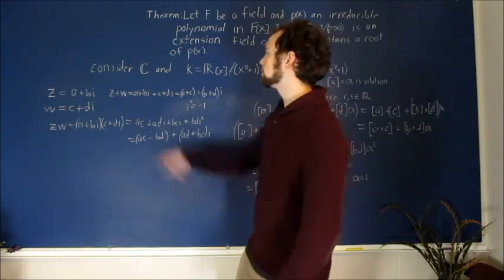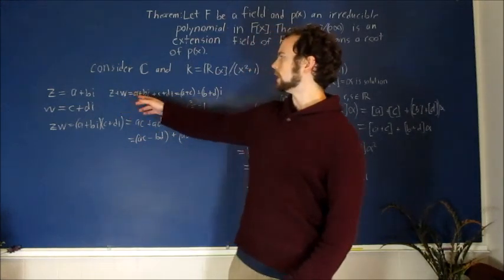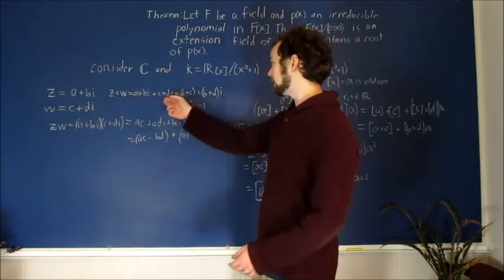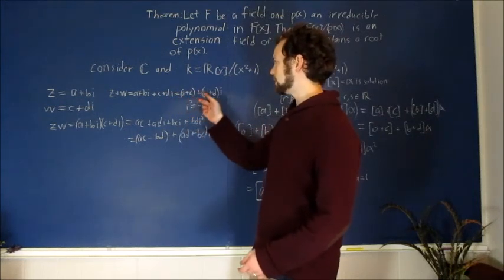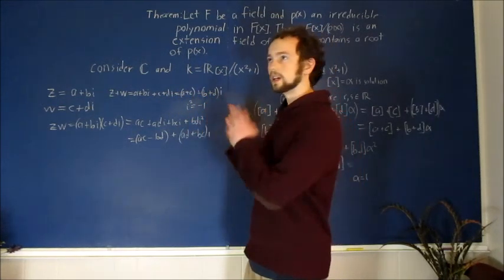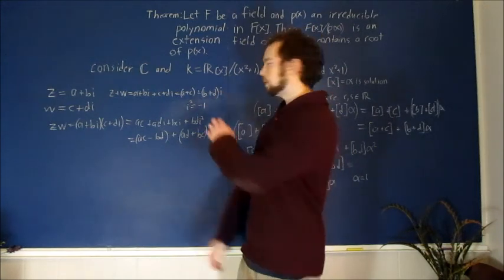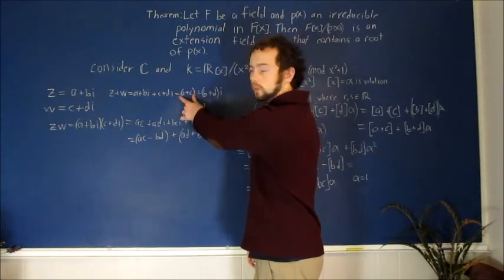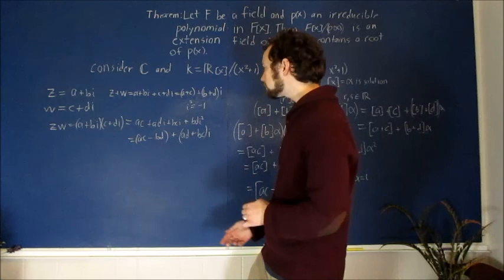So z plus w will be a plus bi plus c plus di, and that simplifies to (a plus c) plus (b plus d)i.